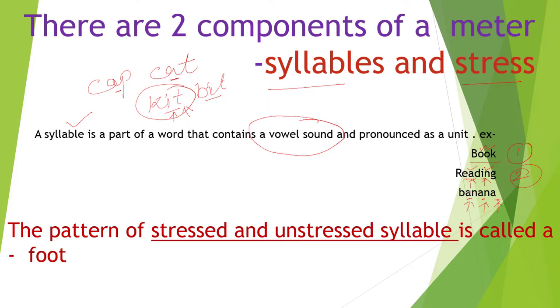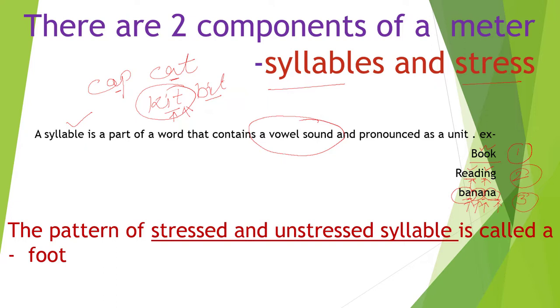Here in this word, this sound is b and this sound is na and the third sound is na. So the word is banana. Here we have three syllables, we have three vowel sounds, but the first and third syllables are unstressed and the middle syllable is stressed, banana.